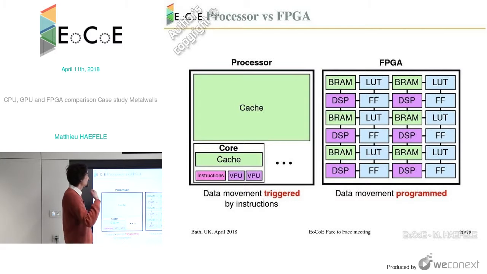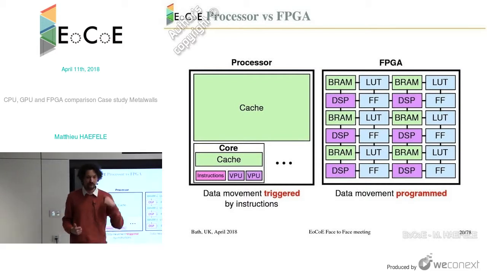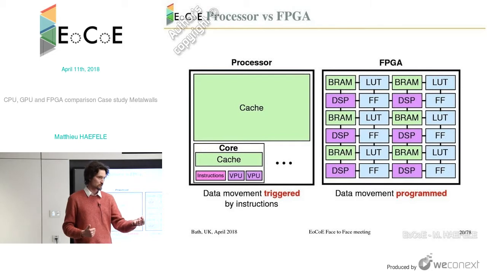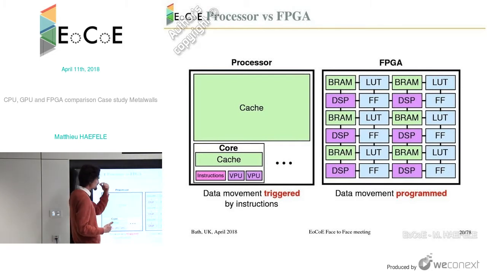That's the kind of job we are doing. We HPC experts are trying to reorder this sequence of instructions such that when the instruction of loading data appears, there is a large chance that it's close to the vector processing unit. So in the processor, data movements are triggered by instructions, and what you program is the flow of instructions.